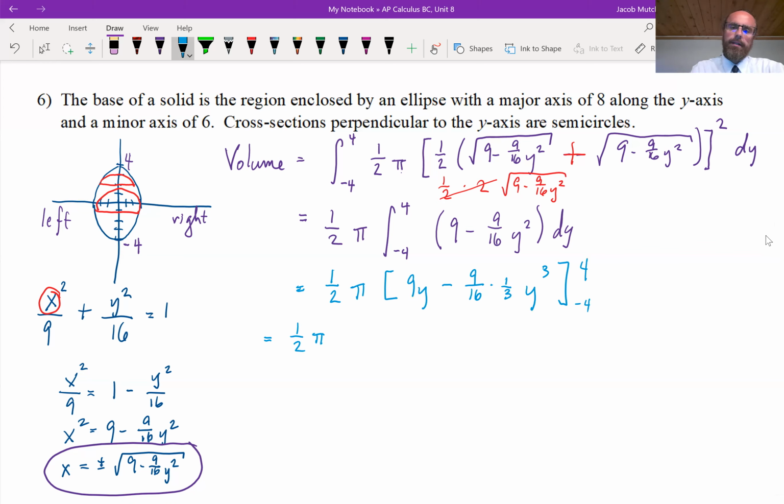So it's going to be 1/2 pi times 9. We're going to start inputting according to the fundamental theorem of calculus. So 9 times 4 minus, this fraction is going to reduce down. 9 divided by 3 is going to leave me a 3. So it's going to be 3 over 16 times 4 cubed. And need some brackets here. So then we're going to subtract that same expression, but now evaluated at -4.